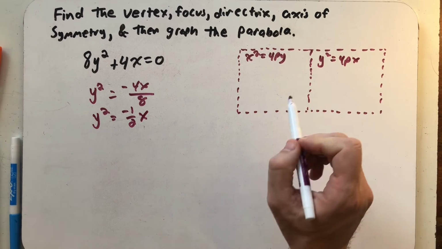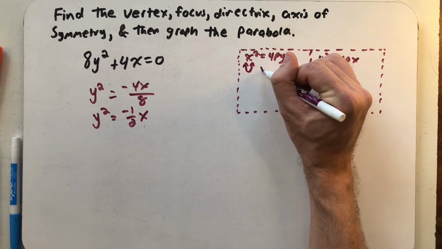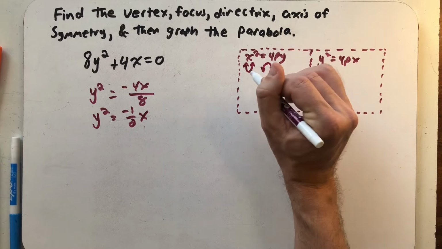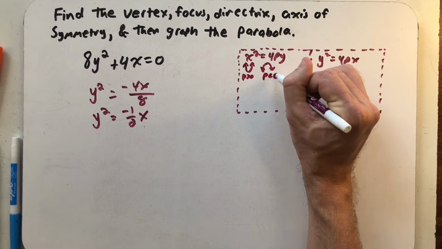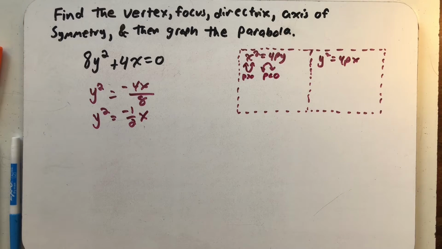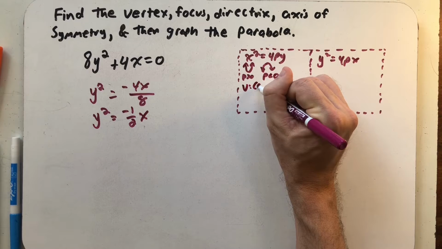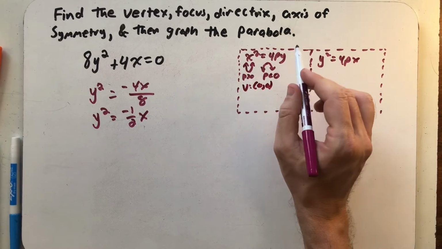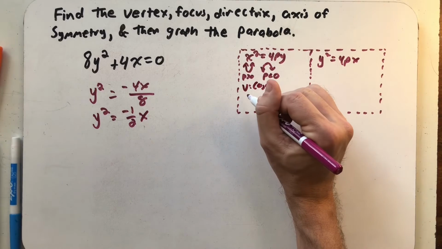When I have an x squared equals 4py, then my parabola either opens upward or downward, depending on the value of p. We open upward when p is positive and downward when p is negative. Our vertex is at the origin. We'd see an x minus h or y minus k if the vertex had been shifted.